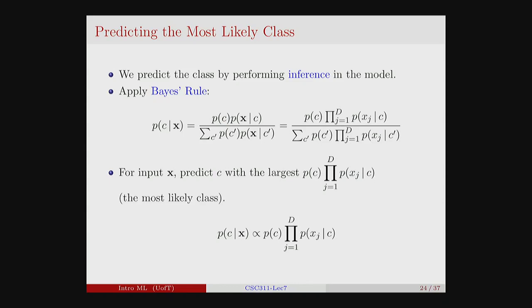So let's think about a really simple example where D is equal to 3. So we have exactly 3 features. In the naive Bayes model, to estimate it, we have pi, and we have 2D plus 1 parameters.